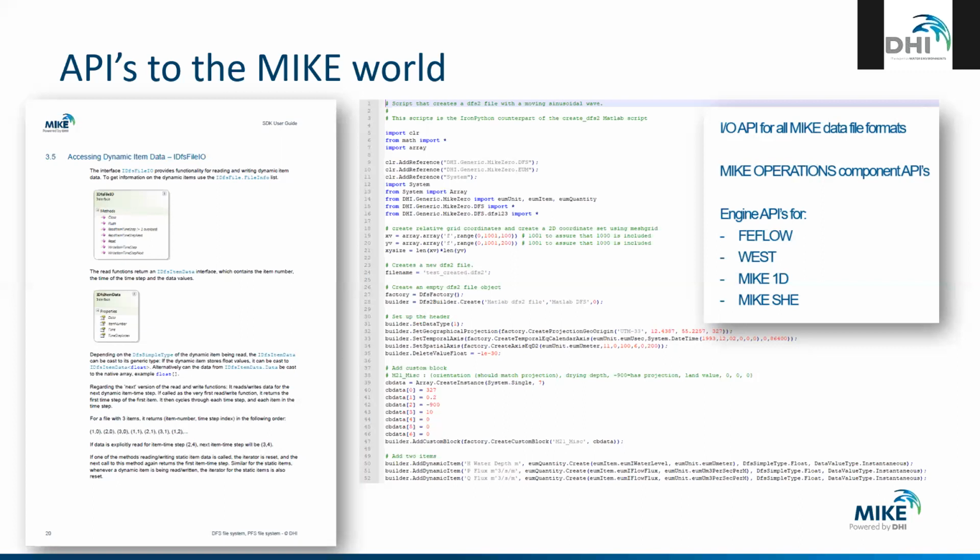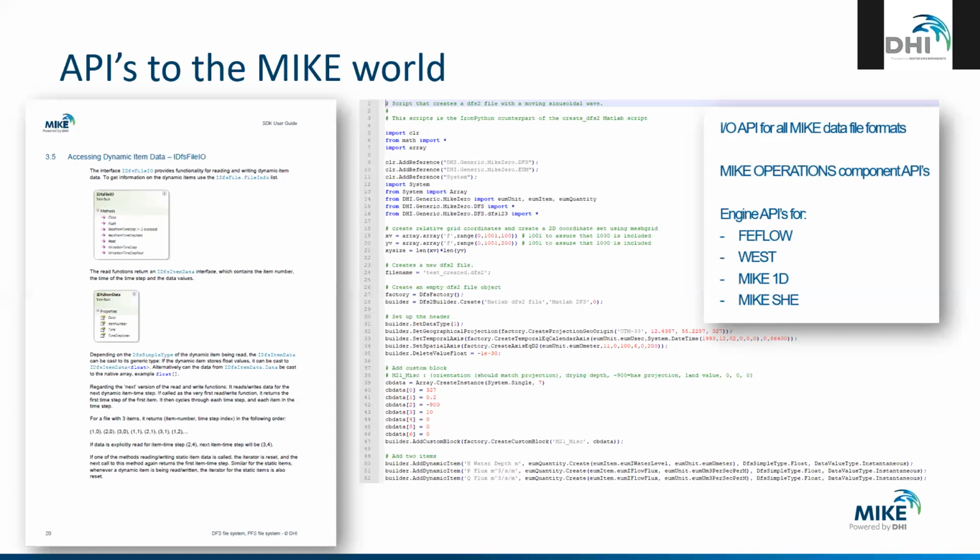We have a number of APIs. So the first API that I mentioned there is really for the input and output of Mike data files. The second API is for the Mike Operations platform that we just talked about, where you can operationalize your model. You can hook up your data to your data sensors or your real-time databases.